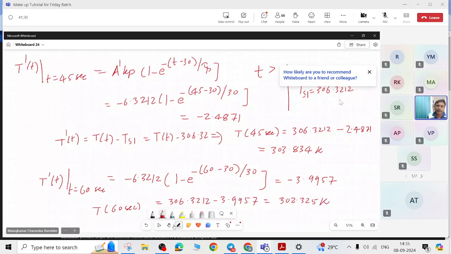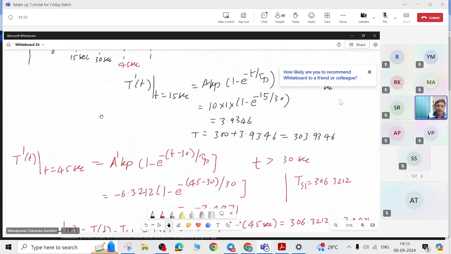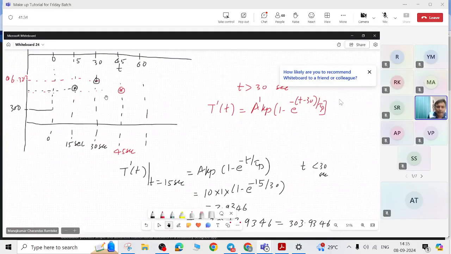So this point again we can identify here. So here you can see that 302, this particular point will be somewhere here. Correct.